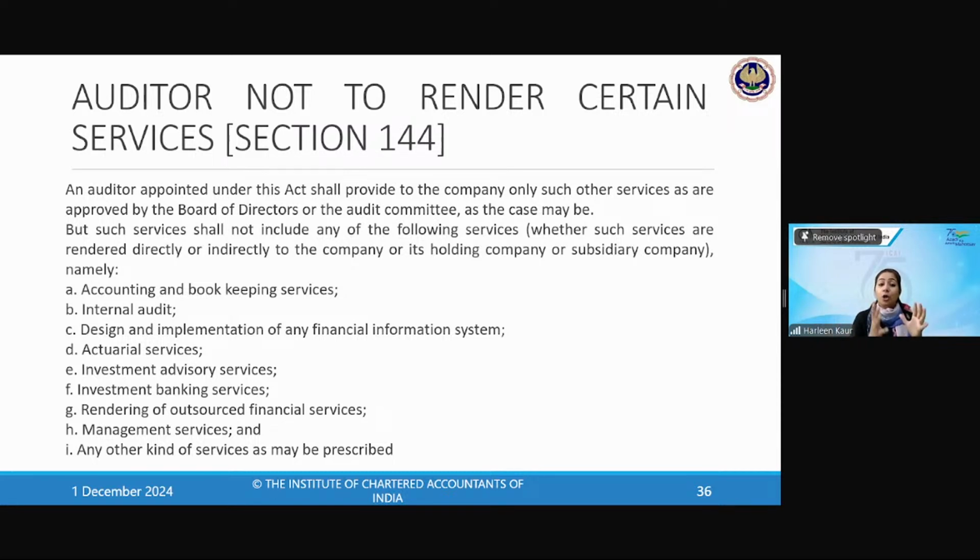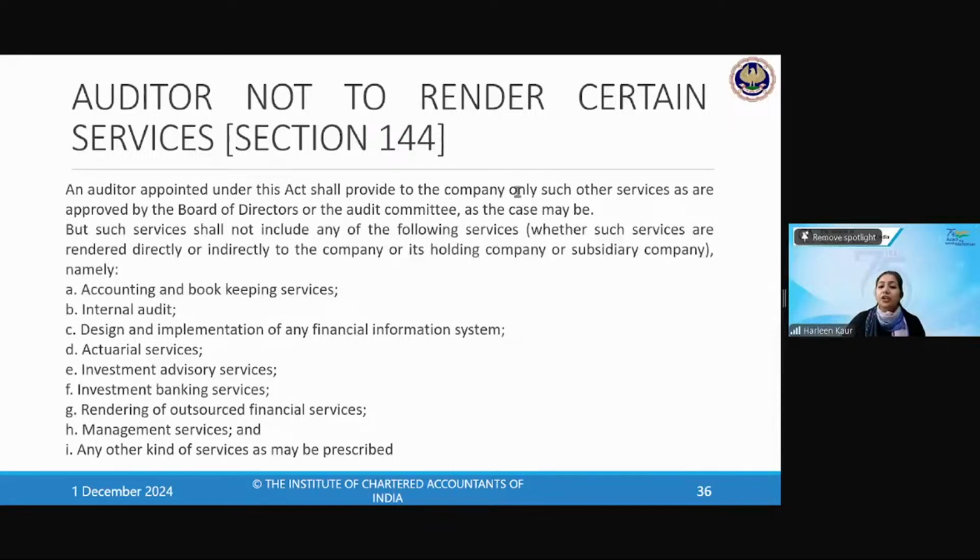How the books are being maintained, how the journal entries have been passed, how the entries have been booked into ledgers, everything. If I am giving you these services, can I be appointed as your auditor? The law says no, section 144 has specifically prohibited that. Recording of transactions as an accountant, if you're rendering such services, then you cannot be appointed as an auditor.